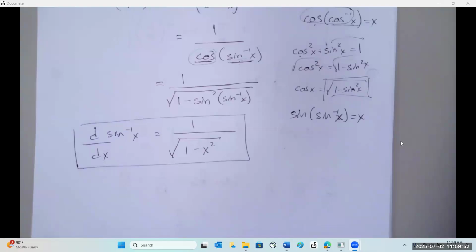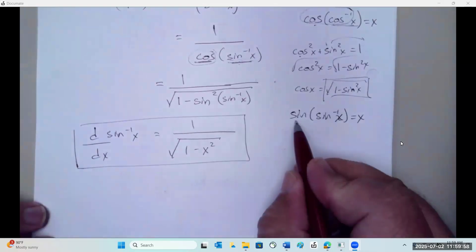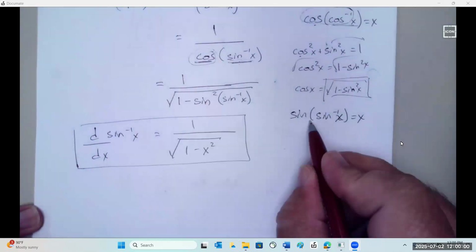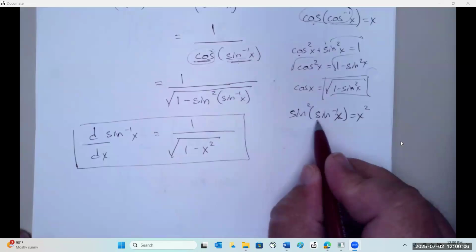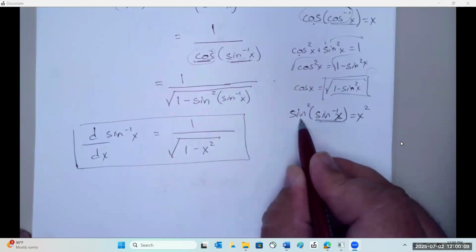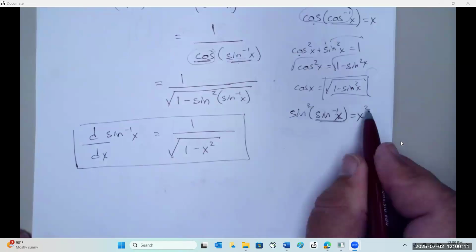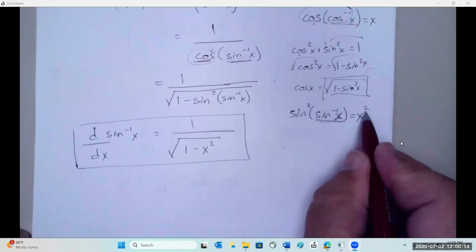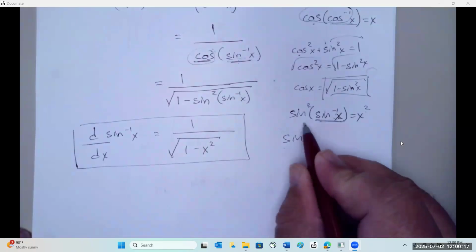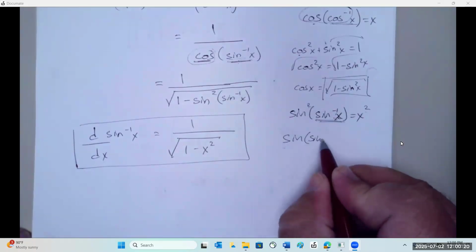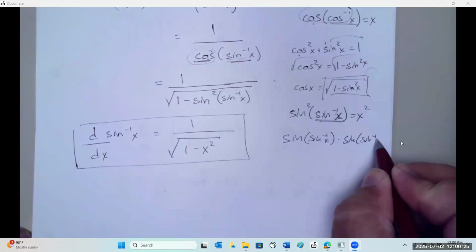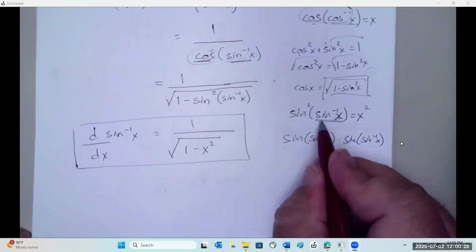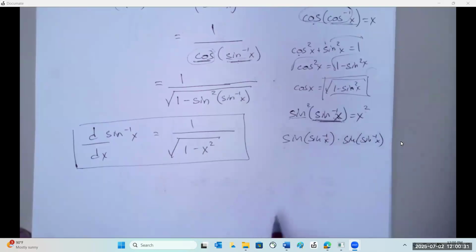How did you cancel the sine squared and sine inverse to get 1 minus x squared? It just becomes the squared function of it. If we square that, it becomes that. This is my u value. Sine squared of sine inverse of x is sine of the inverse times sine of the inverse, so this value goes with this one twice.